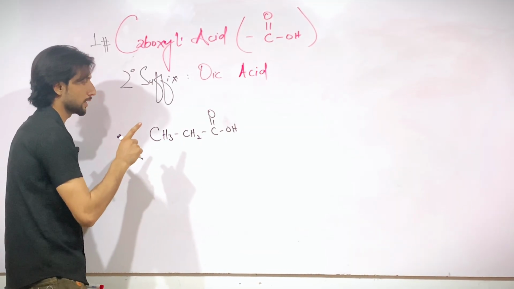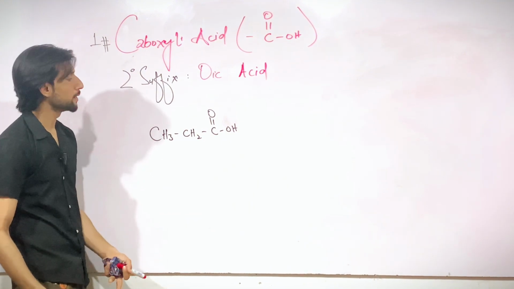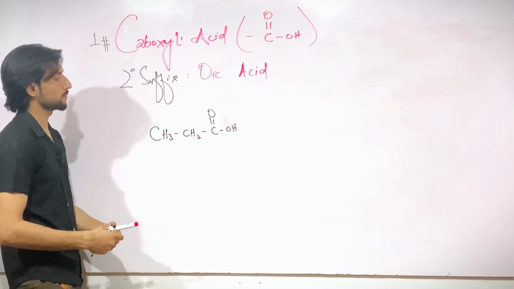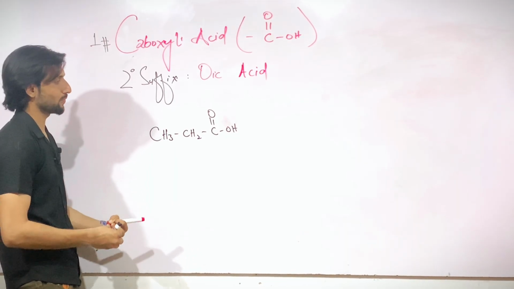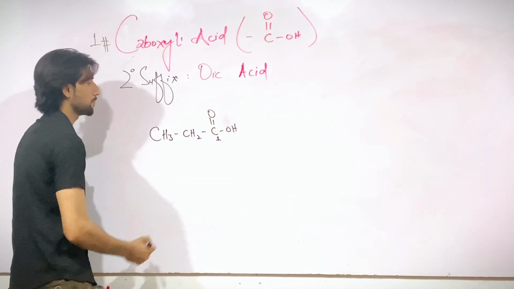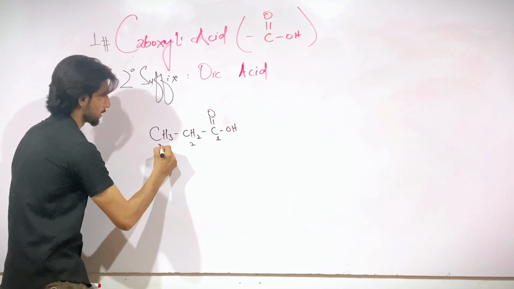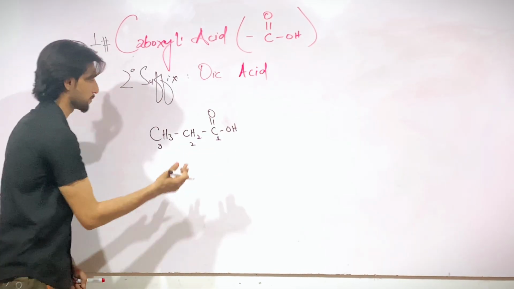We must number the longest carbon chain as in the previous cases. But here we will start the numbering from the carbon that is closest to our functional group. So the functional group carbon is number one, this becomes two and this becomes three. We have discussed that the word root for three carbon atoms is prop.